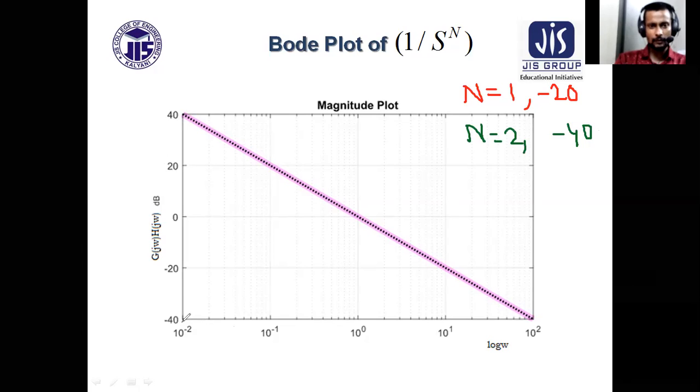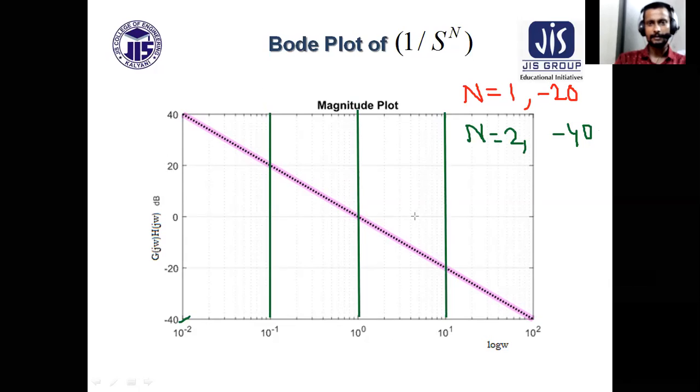So this is 1 decade, as I said, 10 to the power minus 2 to 10 to the power minus 1 will be 1 decade. This is the second decade. This is the third decade. Likewise. Now, if we assume n equals 1, this would be the slope.